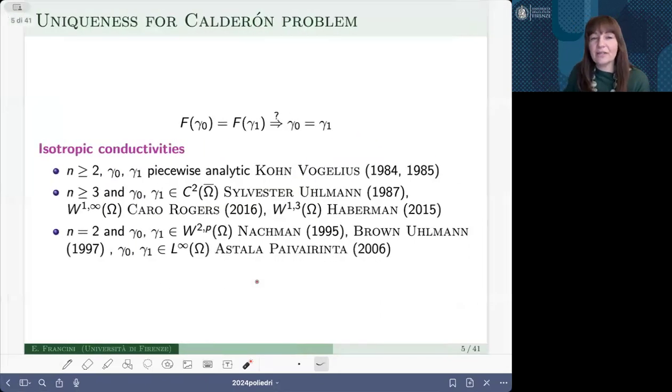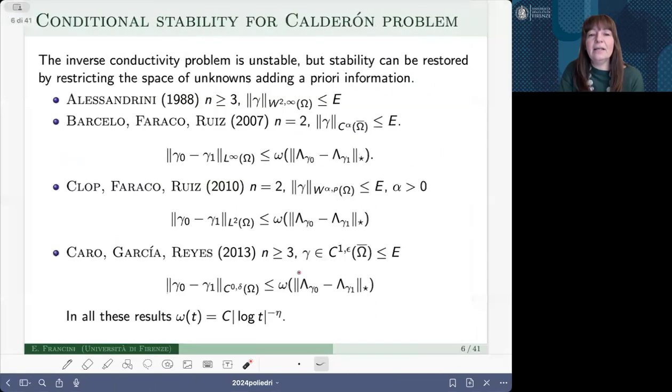There are a lot of results in this kind of problem, and in these slides there is just a number of them. They are very classical, very beautiful results that tell us when the forward map is injective, so that solve the uniqueness problem. And also there are a lot of results about stability. The inverse problem seems unstable, but stability can be restored by restricting the space of unknowns and by adding a priori assumptions.